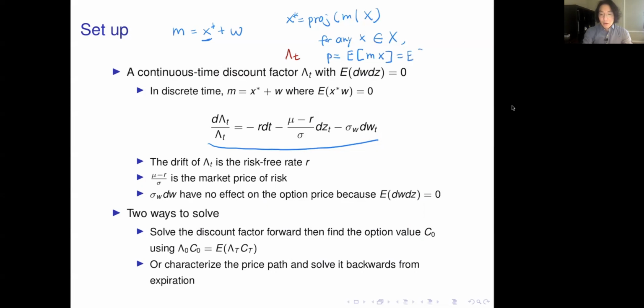But x star has the same set of information as m. Why?